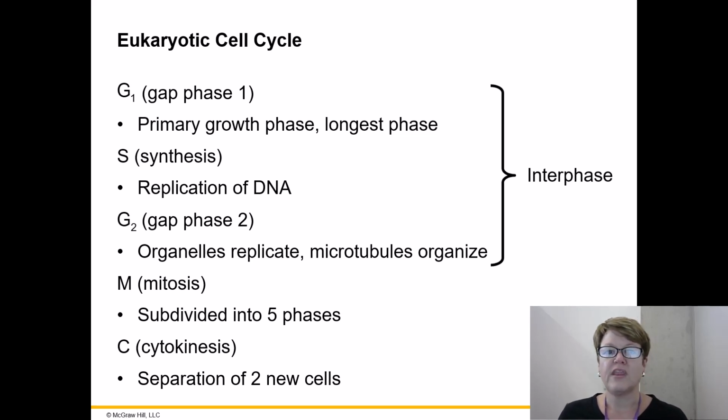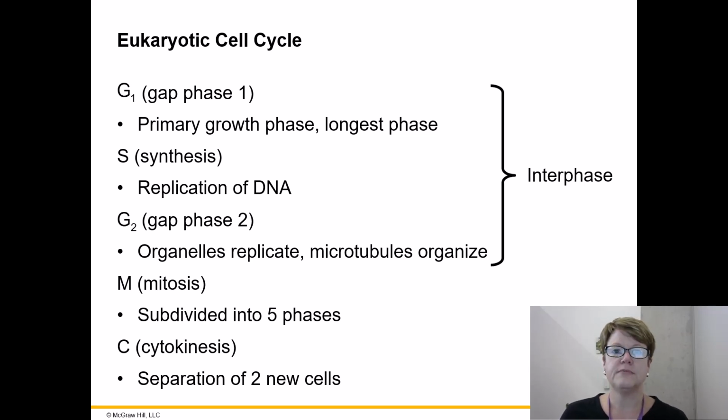There are some variations on the cell cycle, but first we're going to learn the vanilla, plain version. In other courses, they may talk about slightly different versions that appear in certain particular organisms.